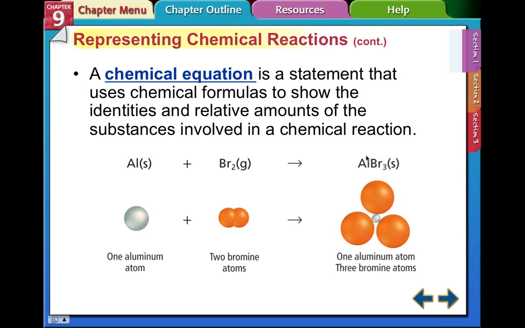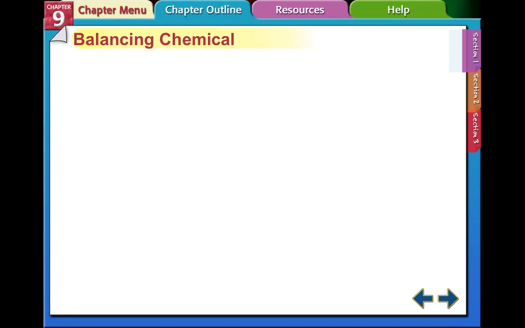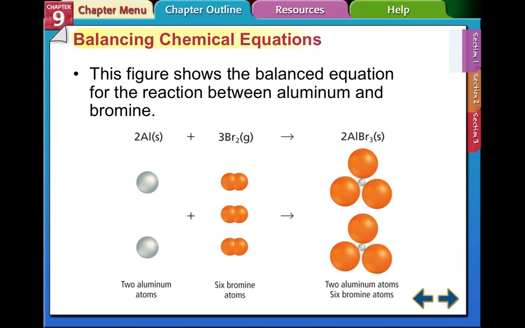On the product side we have 3 bromines, so those are not balanced. We have to add a coefficient in front of one or two of them to balance that out. That's what you have to play with, figuring out which one needs to have coefficients added. And they've actually done this one for you.